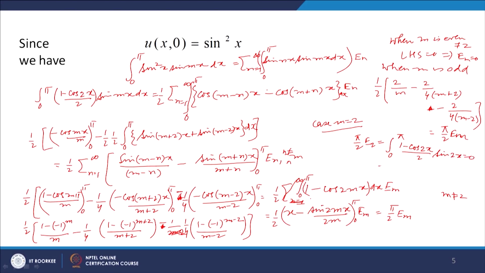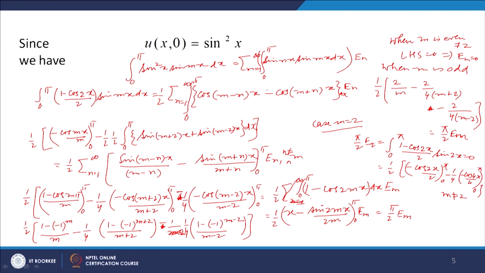So, this will be equal to 1 by 2, integral of sin 2x will be minus cos 2x by 2, from 0 to pi, and then sin 2x cos 2x is 1 by 2 sin 4x. So, we will have minus 1 by 4 into minus cos 4x by 4, 0 to pi.